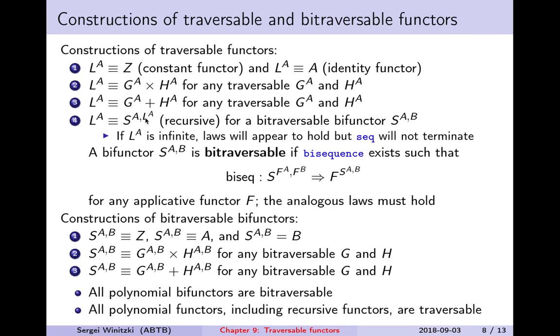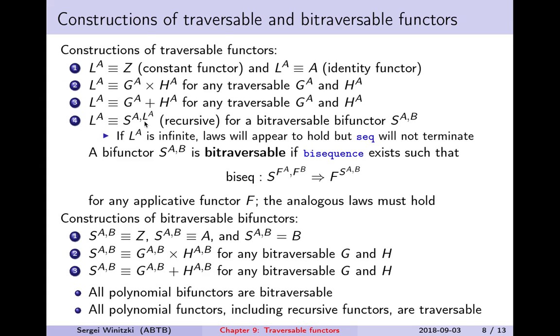Now let's consider this construction 4, which is a recursive functor, defined as LA equals some S of A and LA. So this S is an arbitrary bifunctor. So this could be any type function of 2 type parameters. And this equation is a type equation that defines the type LA recursively.